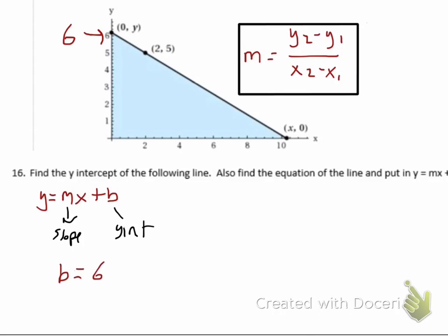And then use those points. So we have point 1 is 0, 6, and 2, 5. So label them x1, y1, x2, y2, and plug them into your slope to find the rest of that equation.